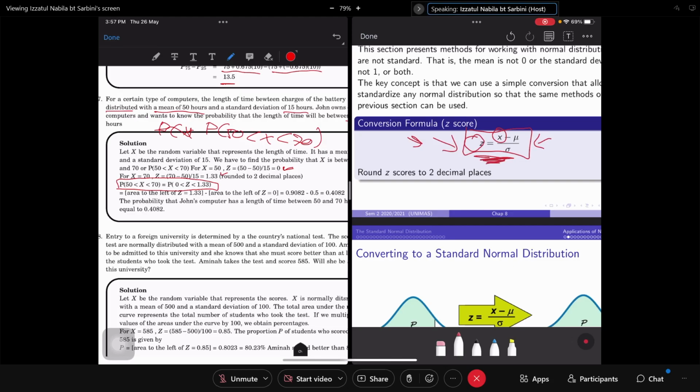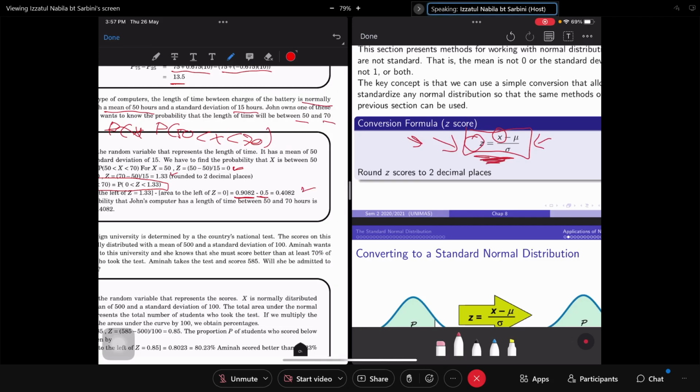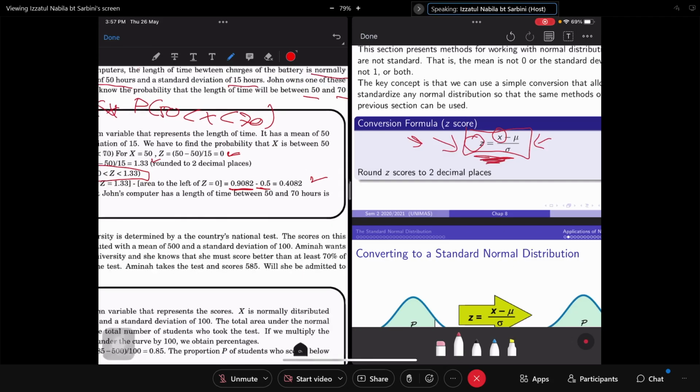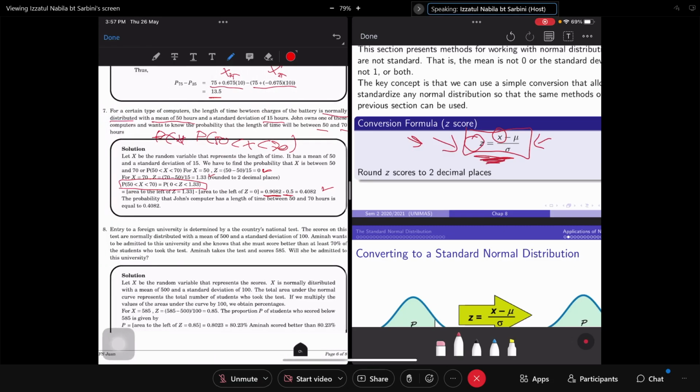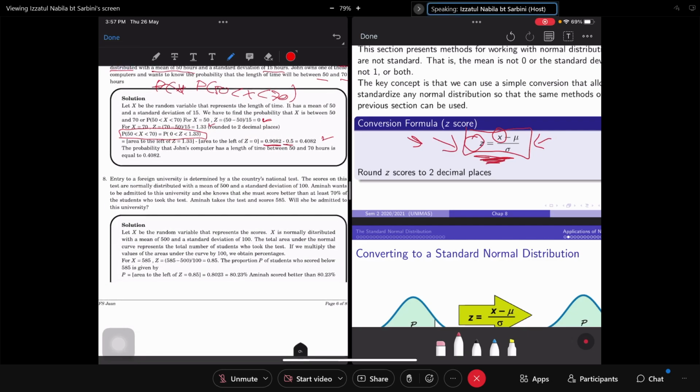Since you want the probability in between 0 to 1.33 only, the area for 1.33 minus the area of 0 gives you the in between area. So this is what you get from the table, and then you just subtract, and the probability of getting in between 50 and 70 hours is 0.4082. Like that.